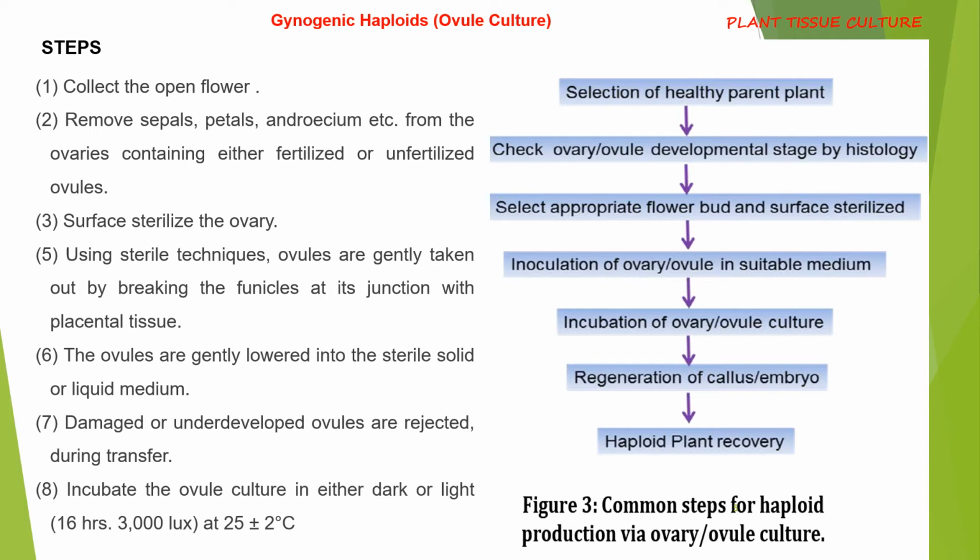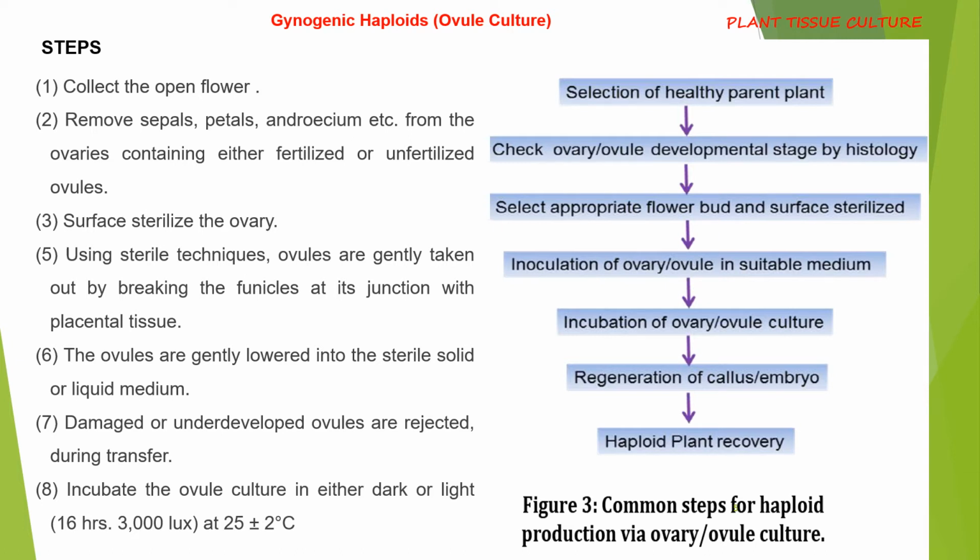In many cases, including placental tissue in ovule culture is found to be beneficial. The ovule perforation method is of great help in the case of plants having large seeds. The perforation increases the water and nutrient uptake.